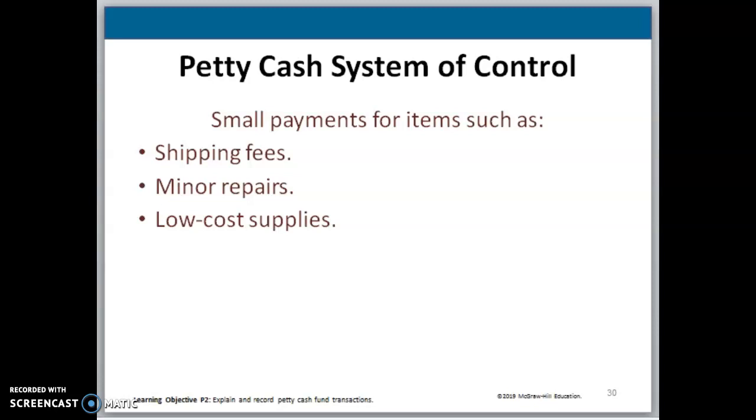So petty cash could be used for that. And what happens is you're going to take that cash from the petty cash box. You're going to go buy the light bulb. You're going to bring back the receipt and any change. And at the end of the month, you're going to do the journal entries to show what expenses you had to pay for. And that way you can see how you should journalize them.